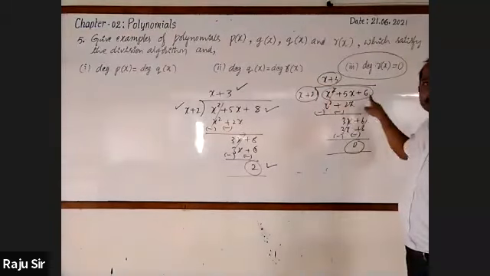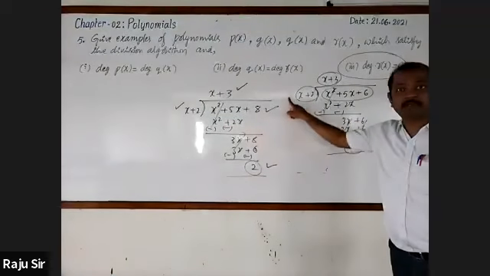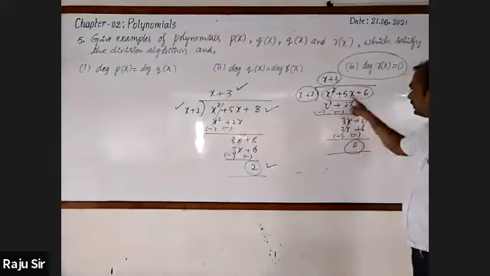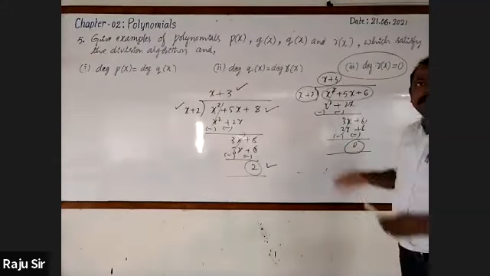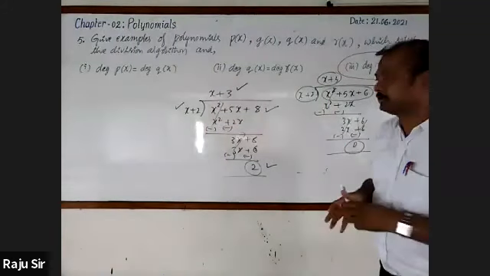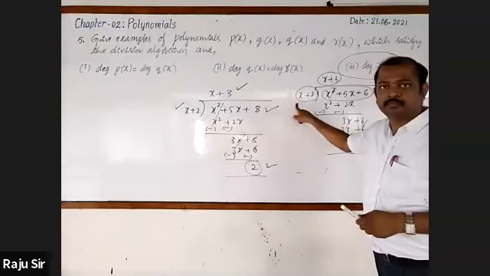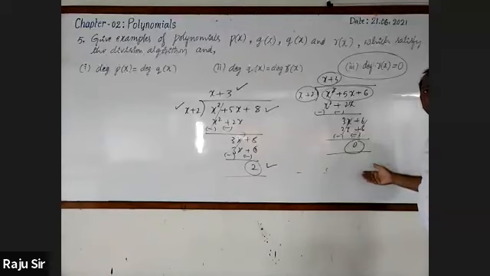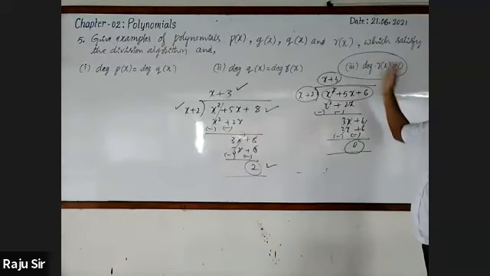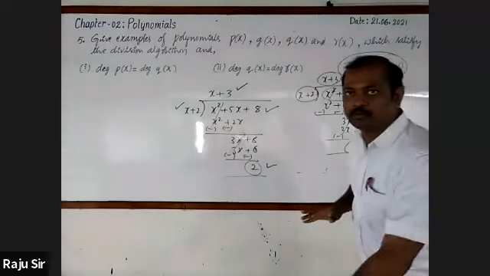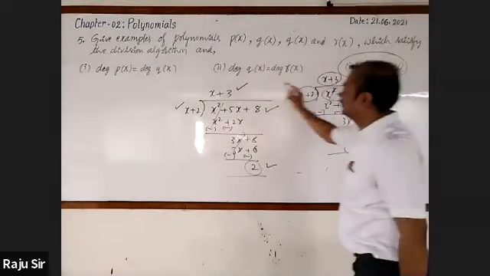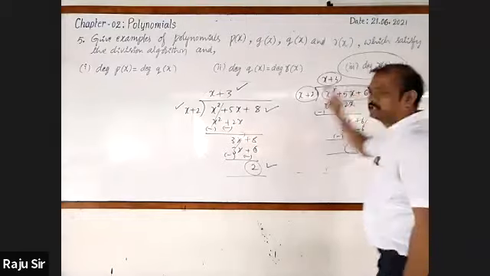If you start with x cube, then the quotient must be from x square. If this polynomial is taken as biquadratic, then it should be cubic. Then you can get the 4 polynomials which satisfy this condition. Followed? Now, with respect to the third one, these two are the examples.